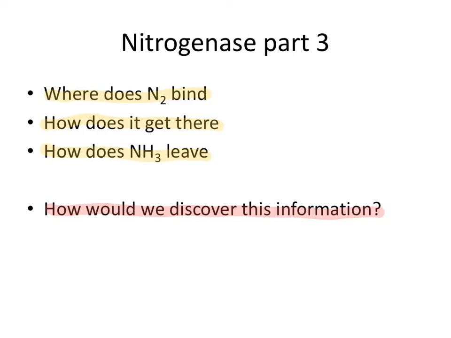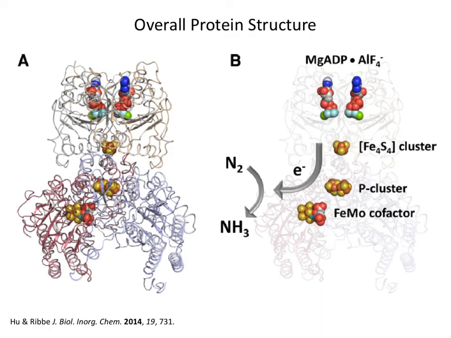So that's what this lesson is going to discuss: how we could figure out this information and what that information is. Here's a reminder of the big picture and the structural details of the nitrogenase cluster, the iron protein and the iron molybdenum protein. These two proteins come together, and the ATP binding causes an electron transfer event to take place. The iron protein binds to the iron molybdenum protein, then it binds ATP, which causes a conformational change.